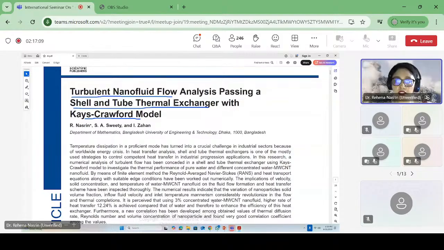The thermal conductivity of water is about 0.6 watt per meter Kelvin, but the thermal conductivity of multi-walled carbon nanotube is almost 400. So we use this multi-walled carbon.